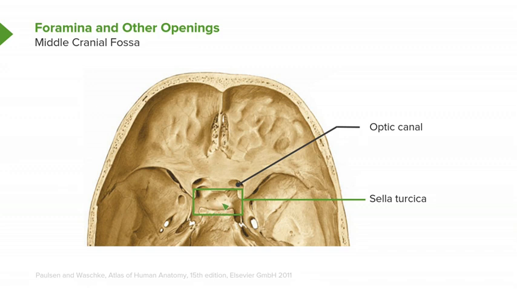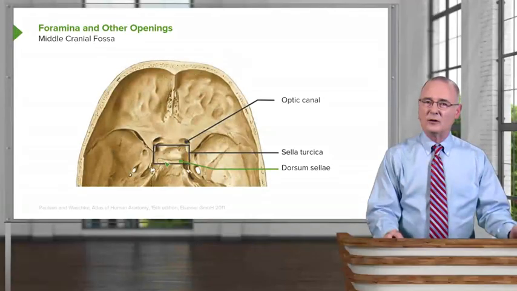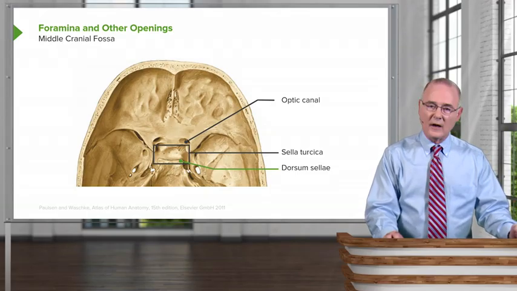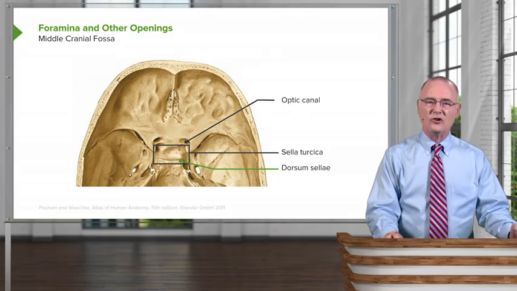This depression is where the pituitary gland sits, and the posterior aspect of this sella turcica is referred to as the dorsum sellae. So this particular sella turcica quickly identifies where the pituitary gland is located within the middle cranial fossa, and if there are lesions associated with it.